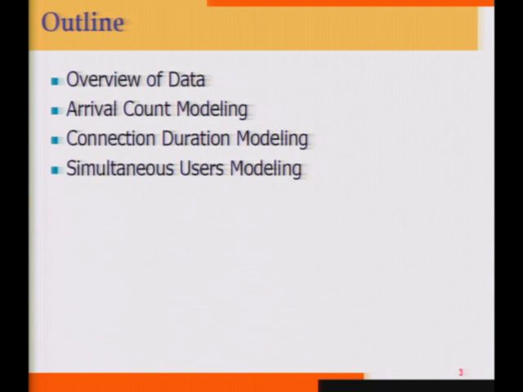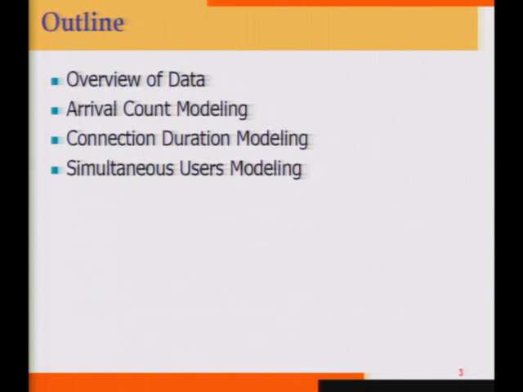The first is arrival count modeling, which will give a model for the number of customers that arrive at a given hotspot. The second one is connection duration modeling, which is how long they stay in a particular hotspot once they make an authentication connection to the access point.